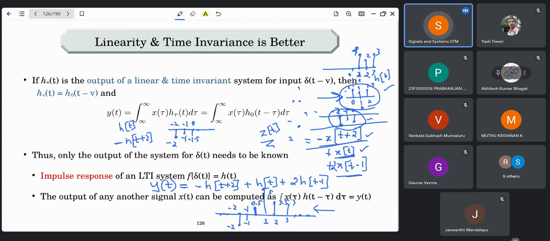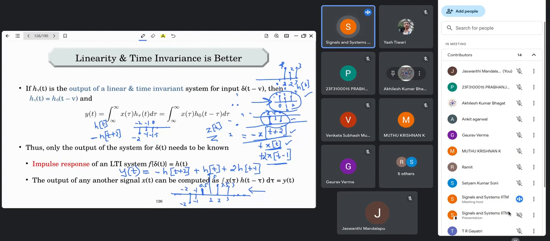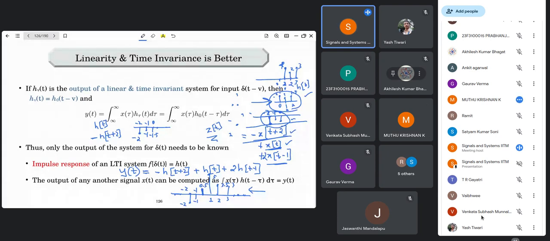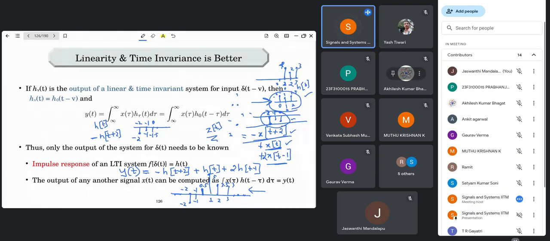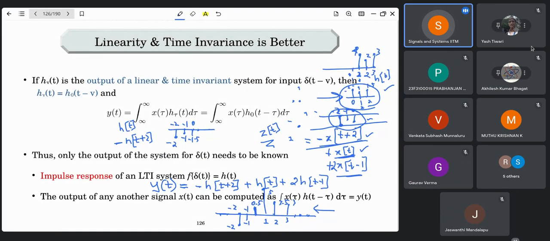So there are certain useful test cases, for example the impulse and the unit step. These two are what we'll see in this course. But the best possible case is always the impulse.